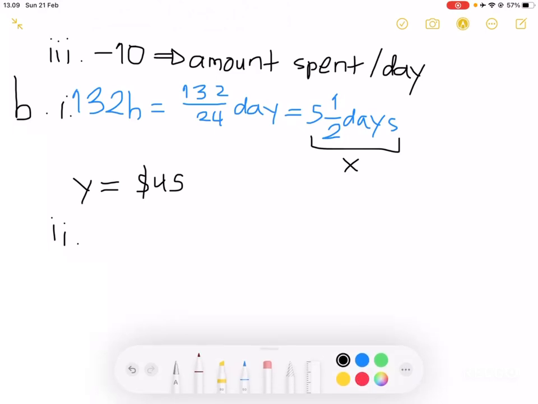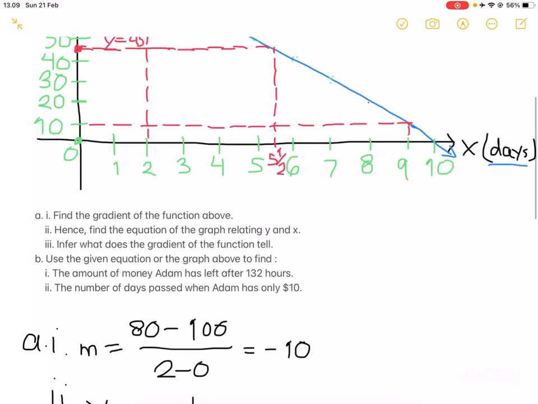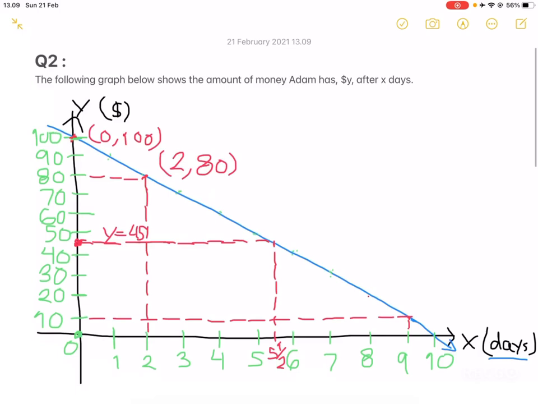That means Adam has $10 after 9 days. Alright, so that's how you find the gradient and the equation of a given graph.